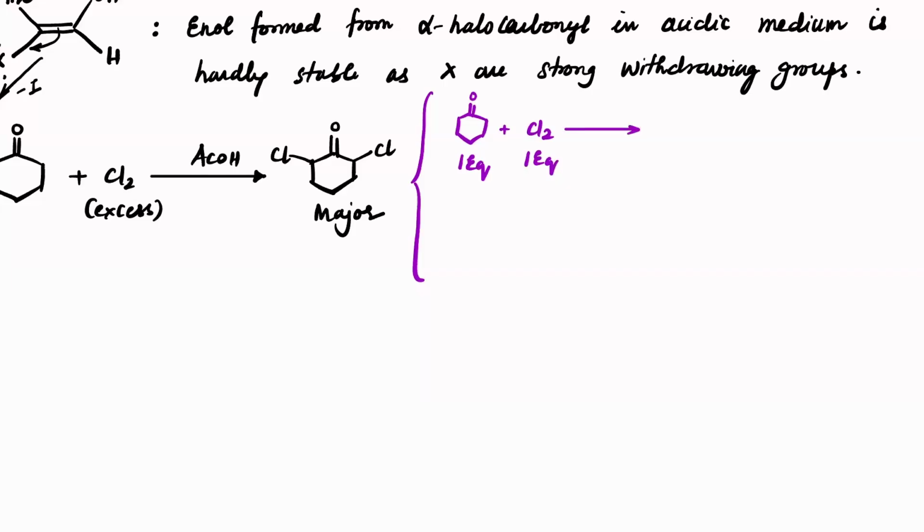Then what is the product expected? The product expected would simply be double bond O, only one chlorine here, plus HCl, correct? So both will be limiting, both will get over, and I'll get one equivalent of this and one equivalent of this.